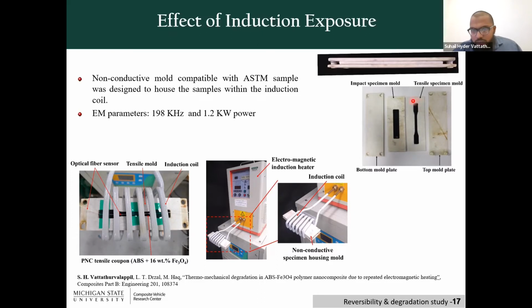In this mold, we carved out the right specimen shape, the dog bone shape of the tensile coupon, and also the impact specimen coupon. Once you expose them and once they melt, they start flowing, so you still keep the shape of the coupon. Once you cool them back, they will still keep the same shape, so you do not have to worry about losing the shape of the specimen.